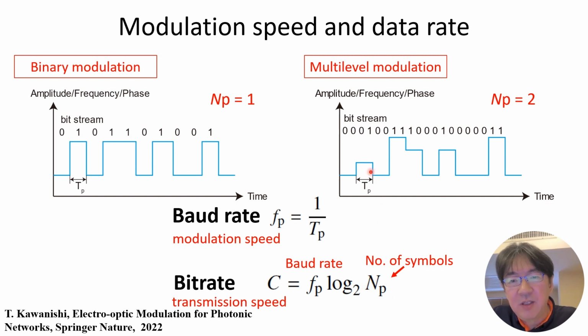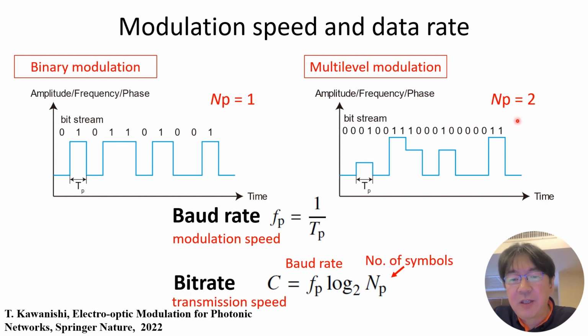If the number of symbols is 4, we can transmit 2 bits per one modulation step. So by using this equation, we can describe the total bit rate. And this term describes how many bits we can transfer per single modulation step, and this term describes how many modulation steps we can offer per 1 second. So this equation describes the total bit rate.